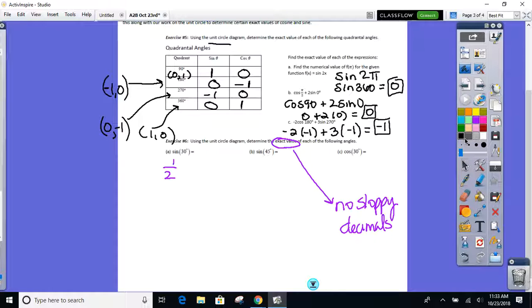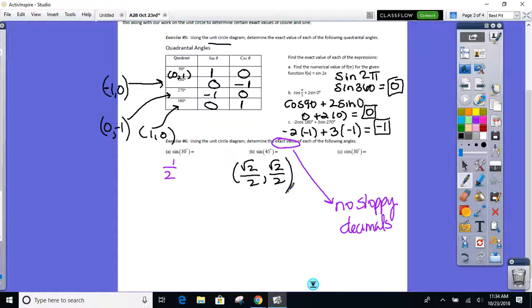45 degrees. What is the coordinate at 45 degrees on the unit circle? Radical 2 over 2, comma, radical 2 over 2. Everyone in agreement? But I'm looking for the sine. What coordinate do I pick off to find the sine of an angle?